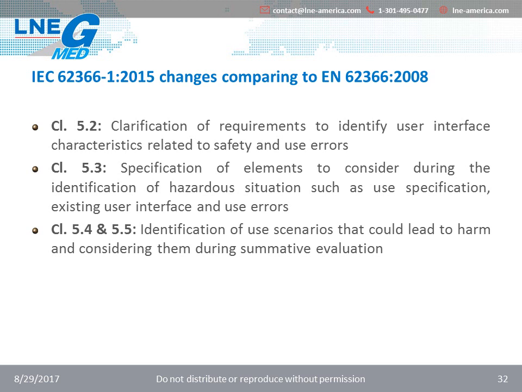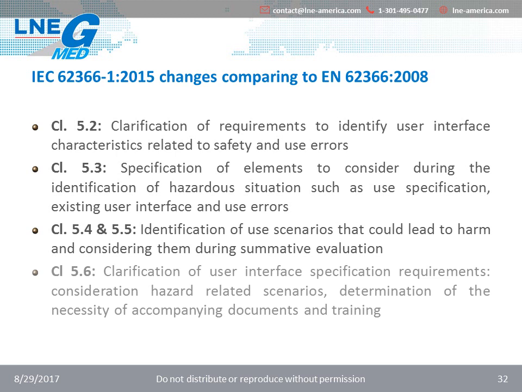Clauses 5.4 and 5.5 identify use scenarios that could lead to harm and consider them during summative evaluation. And changes to Clause 5.6 are about clarification of user interface specification requirements, consideration of hazard-related scenarios, and determination of the necessity of accompanying documents and training.